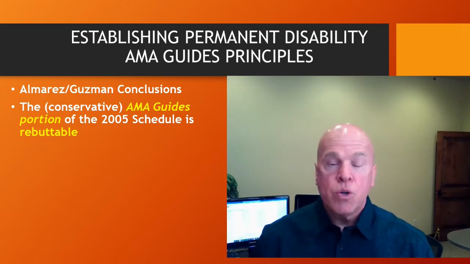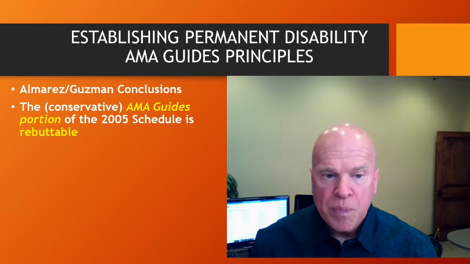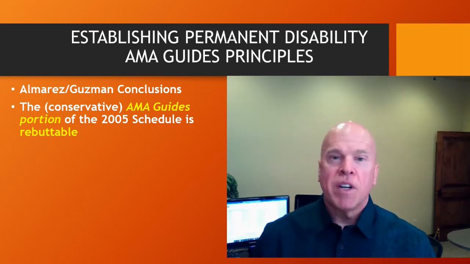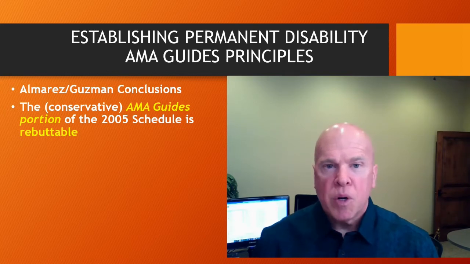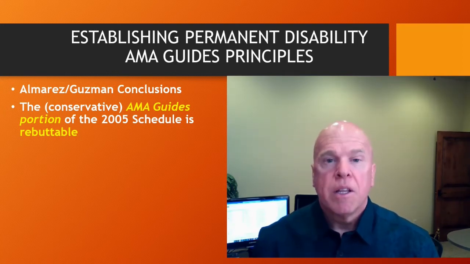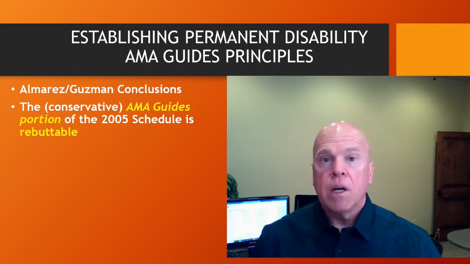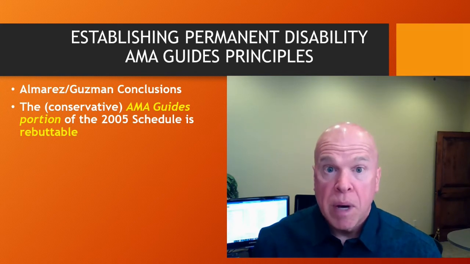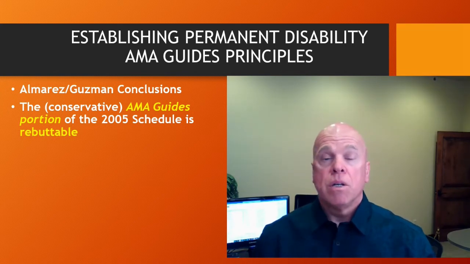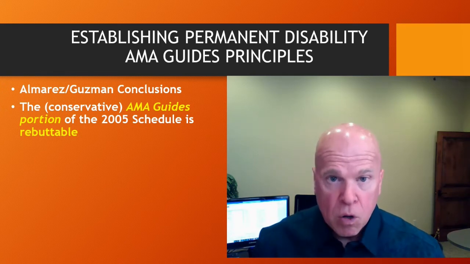So these two decisions tell us that the conservative AMA guides portion of the disability rating schedule is rebuttable. In order to rebut the permanent disability rating schedule, one component of the schedule needs to be rebutted. Well, we said that the age is difficult to rebut, the occupation of the employee is difficult to rebut.